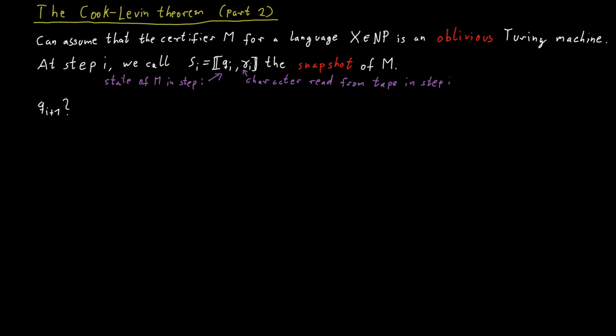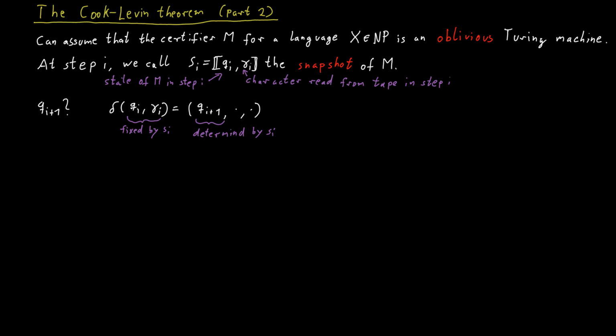And the transition function simply maps the internal state of the machine combined with the character that the machine reads into a new state and also into a character that is written and a head movement. But I'm only interested in the new state for now. So the state at time i plus 1, let's call it Qi plus 1, depends only on the snapshot at time i, Si. If we know Si, we know what Qi plus 1 is.